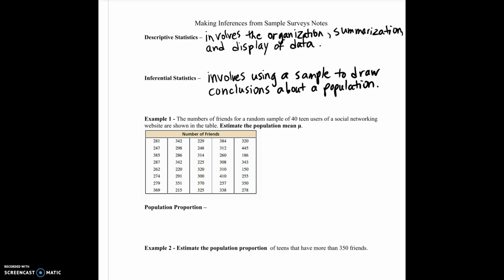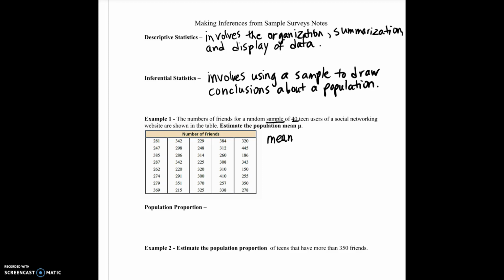All right, so in our first example, we are going to estimate a population mean. And all we're really doing when we're doing a population mean is we're taking the mean from our scenario, and we're looking at a sample here of 40 teen users.